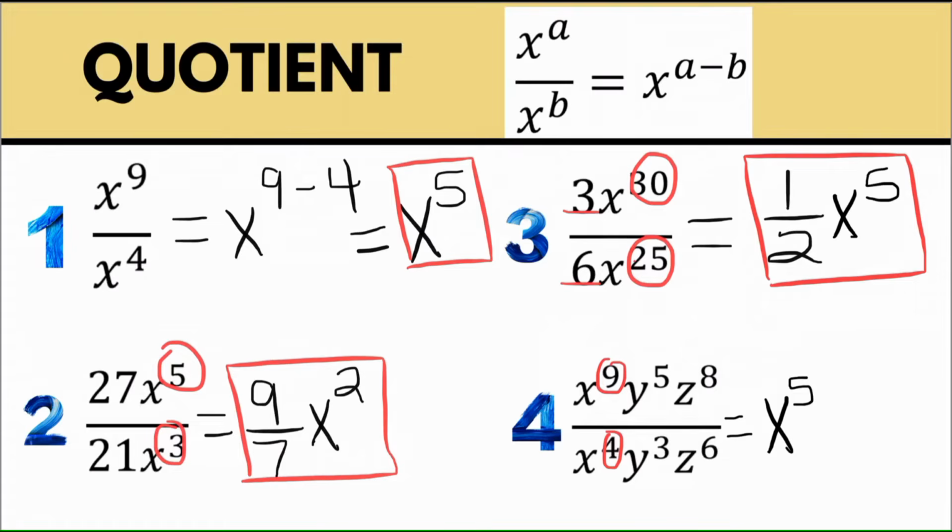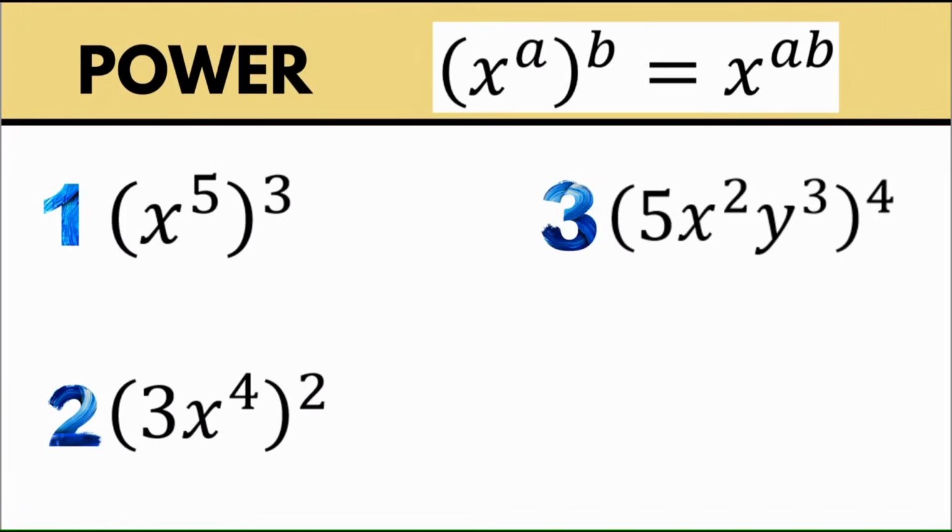And then I look at the y's. 5 minus 3 is 2. So this is y to the 2nd power. And then I look at the z's. 8 minus 6 is 2. So this is z to the 2nd power, or z squared. And that is it. I love the power rule.